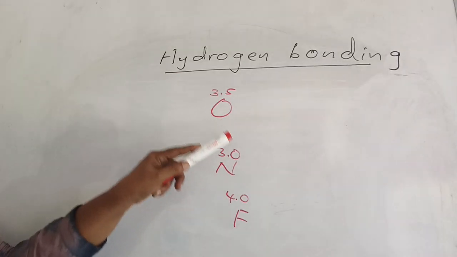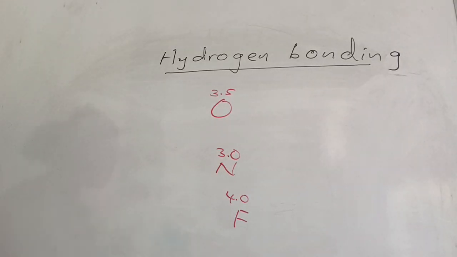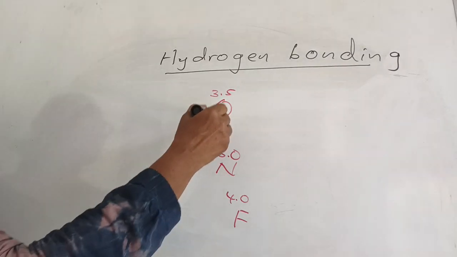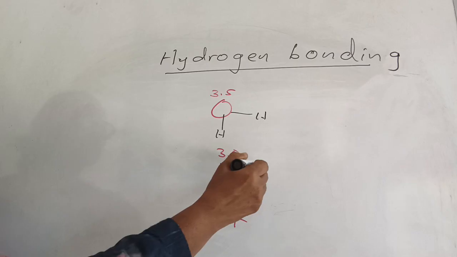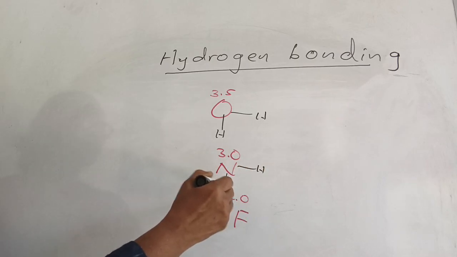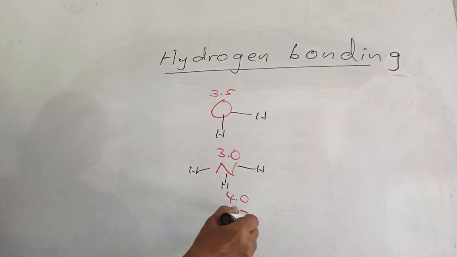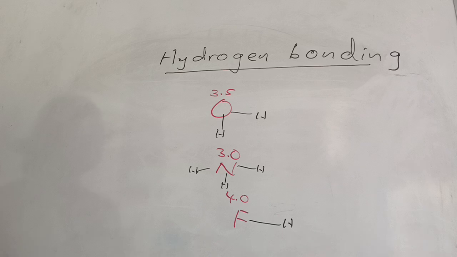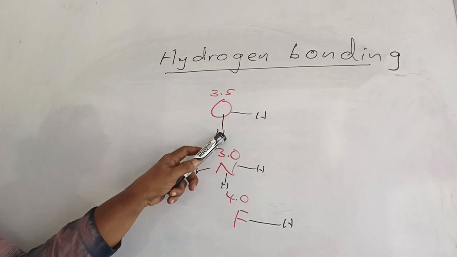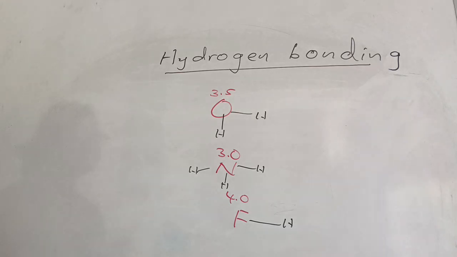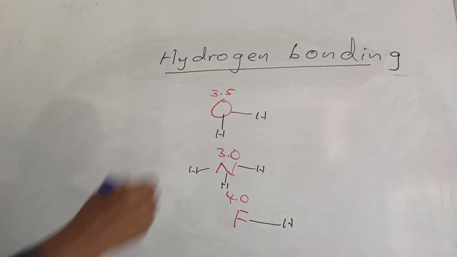Hydrogen bonding is common for compounds and molecules which contain the most electronegative elements: oxygen, nitrogen or fluorine. When one of these elements is attached directly to hydrogen atoms, this is the condition for the existence of hydrogen bonding.